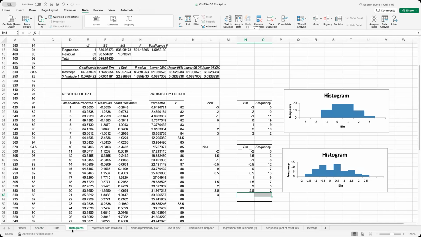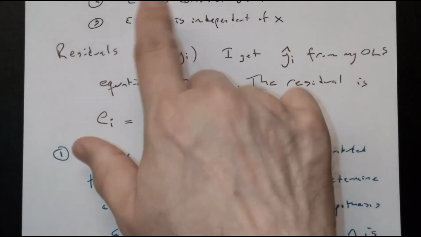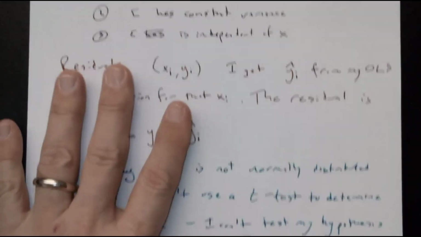Questions? Okay. That takes care of my first assumption. That's how I can check for normally distributed errors.